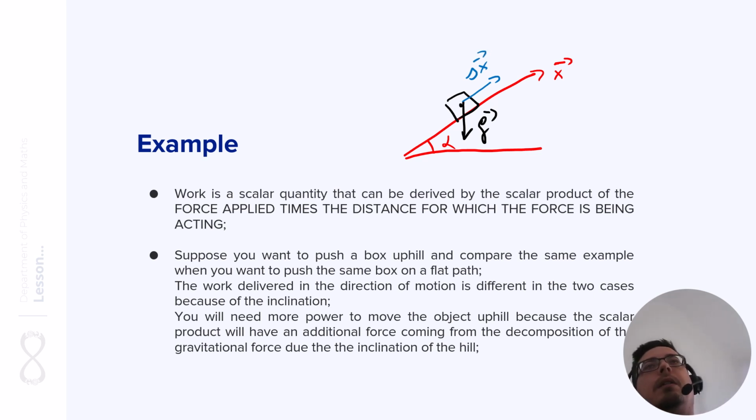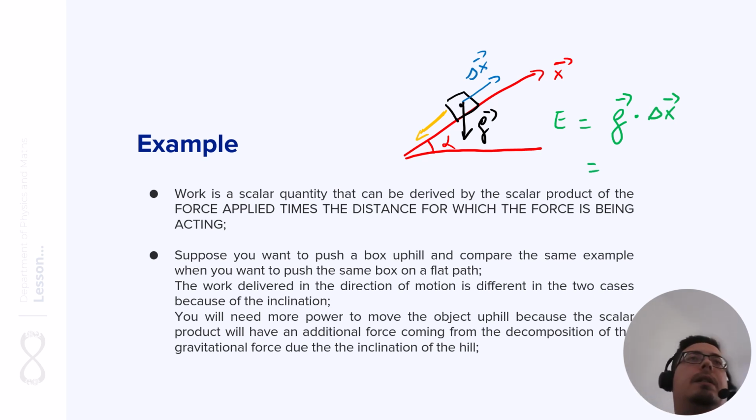Of course, the only force that matters will be the one in the direction of the motion, because that's the friction that you're going to experience, and therefore the energy that is dissipated, or actually used, will be g scalar product x, and there will be the cosine of the angle.